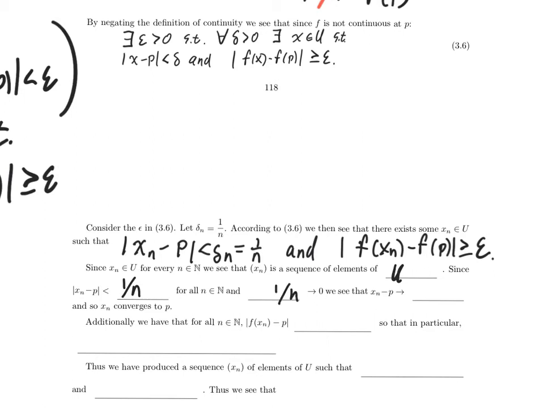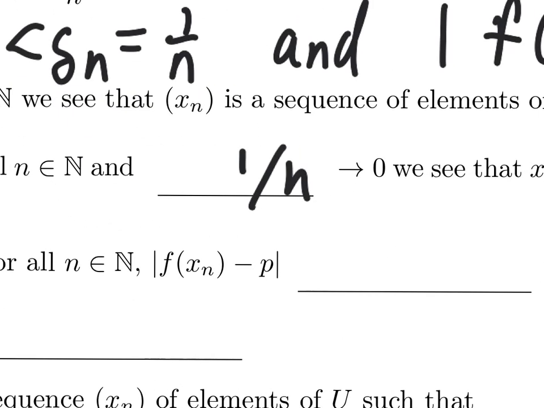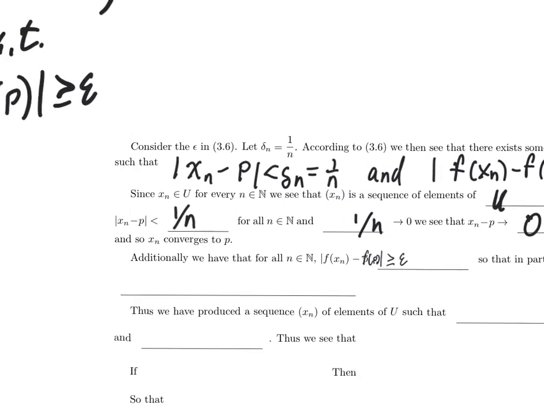From that, we can see that x_n minus p converges to 0, so x_n itself must converge to p. That's a different argument, using limit laws to get the result instead of composing a direct epsilon-N proof. Additionally, I have that for every natural number n, the absolute value of f of x_n minus f of p is greater than or equal to epsilon.